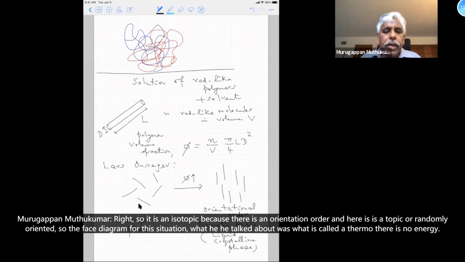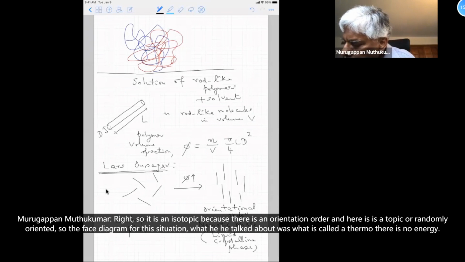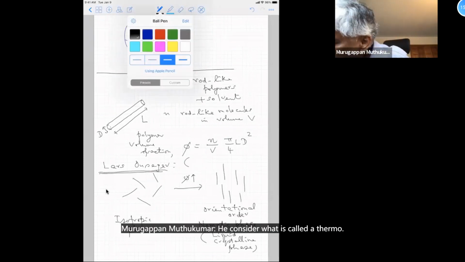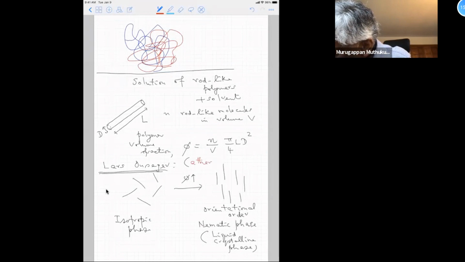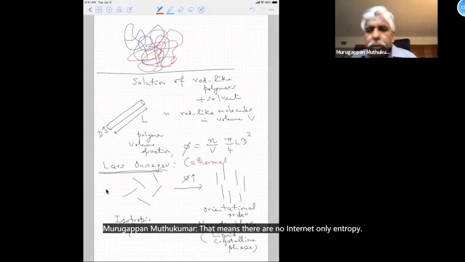So the phase diagram for this situation, what he talked about was what is called athermal. There is no energy. He considered what is called athermal. That means there are no interactions, only entropy.